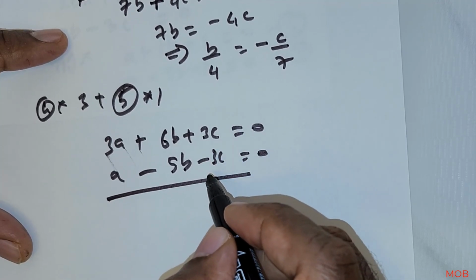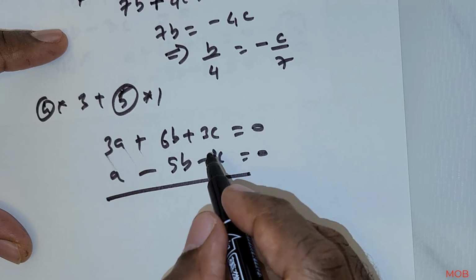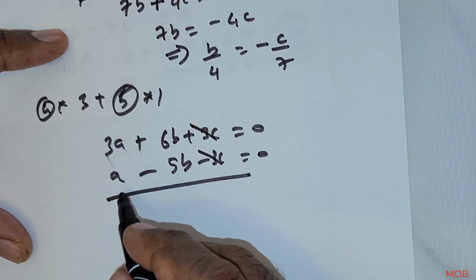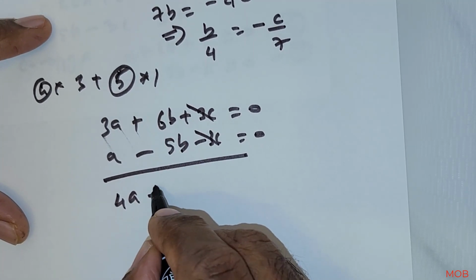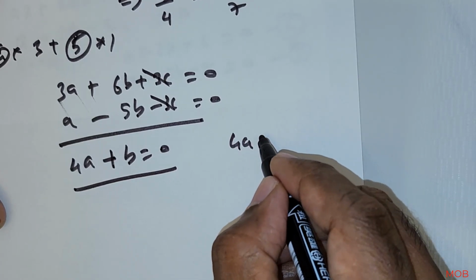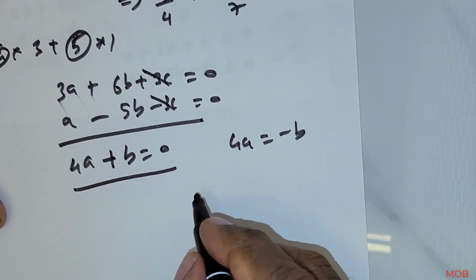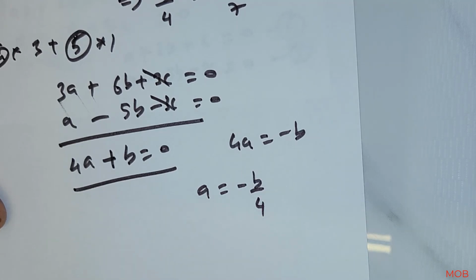If you add these two things together, c goes off, so this is 4a plus b is equal to 0. So from here 4a is equal to negative b, so a is equal to negative b over 4. This is what you got, so this is a over 1.